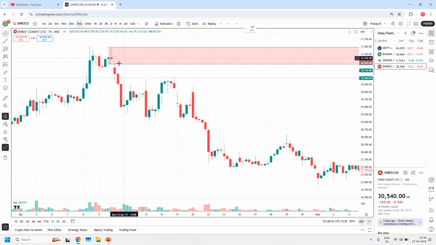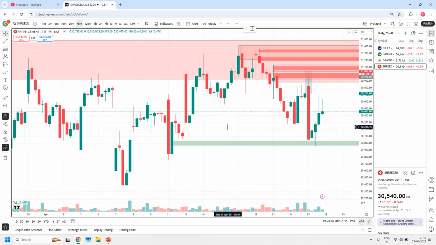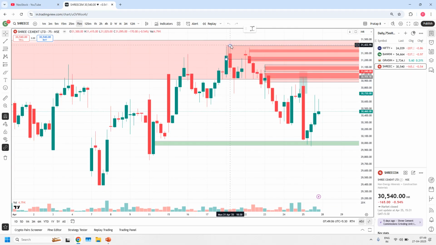Almost a 4-year-old trade. For a trade more than 1 year old, the problem is you can't access 5-minute data. But there is no problem, the reason being that in the recent price movement, a lot of order flows were created in this zone.